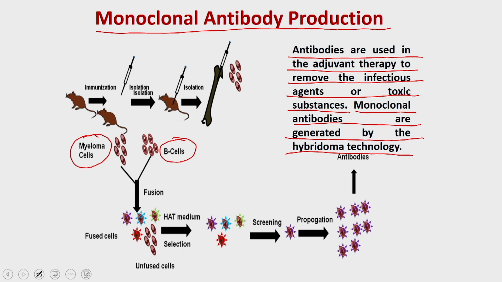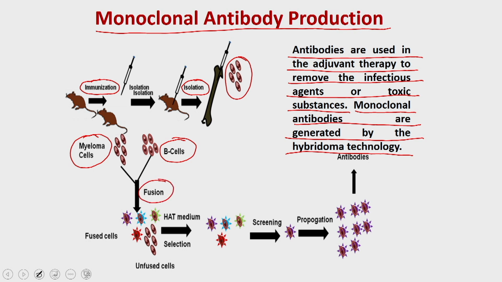In the total technology, first you immunize the animal, then you isolate the B cells from the bone marrow, and then these B cells are used along with the myeloma cells for fusion reactions to generate the hybridoma cells.